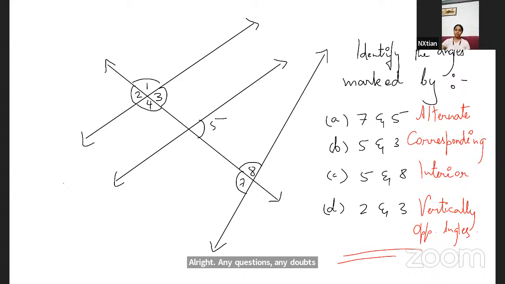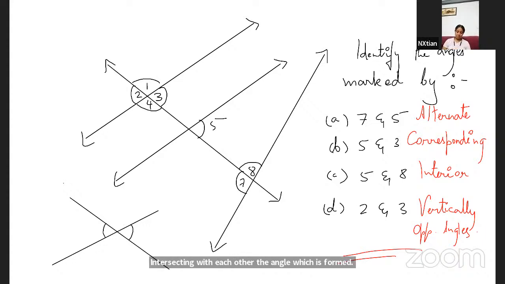Yes, ma'am, a question. How is 2 and 3 vertically opposite? When two lines are intersecting each other, the angles which are formed opposite to each other are known as vertically opposite angles.